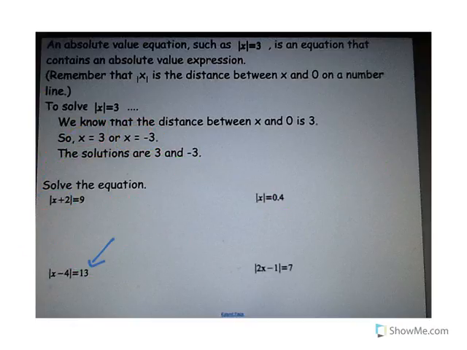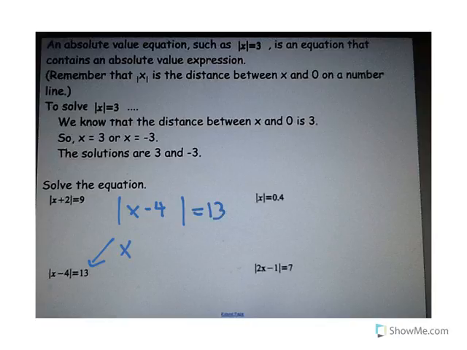For this one here, think about the absolute value symbols. They're sort of like funky parentheses. You have to get rid of the stuff that's inside before you can proceed with doing other things. So this is x minus 4 is equal to 13.